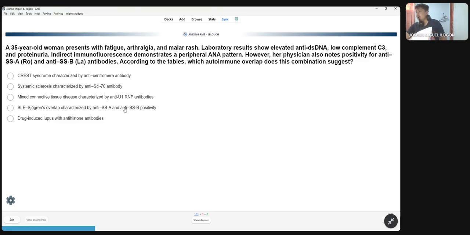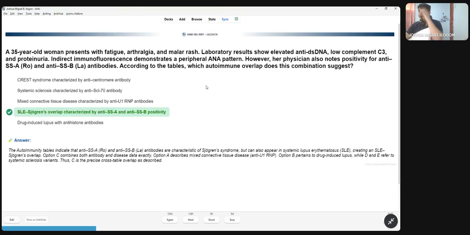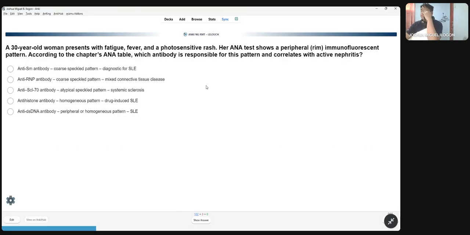Overlap. This is absolutely an overlap. So tired. Rim. A rim. There's a rim. A peripheral rim immunofluorescent pattern.